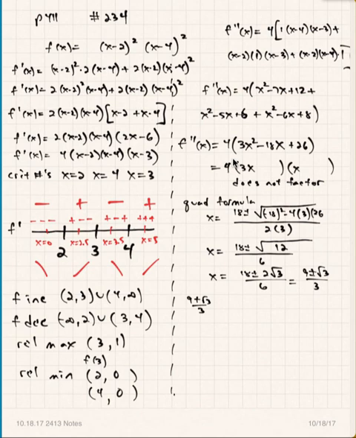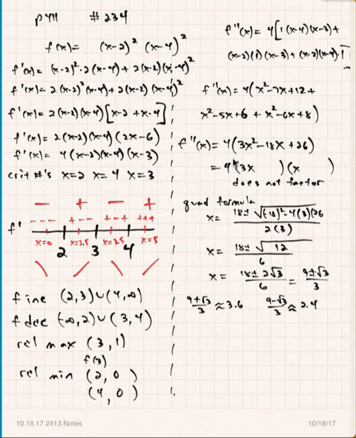So we'll say about 3.6, just to round things off. And then 9 minus the square root of 3, divided by 3, I get about 2.4. So 9 minus the square root of 3 over 3 is about 2.4.